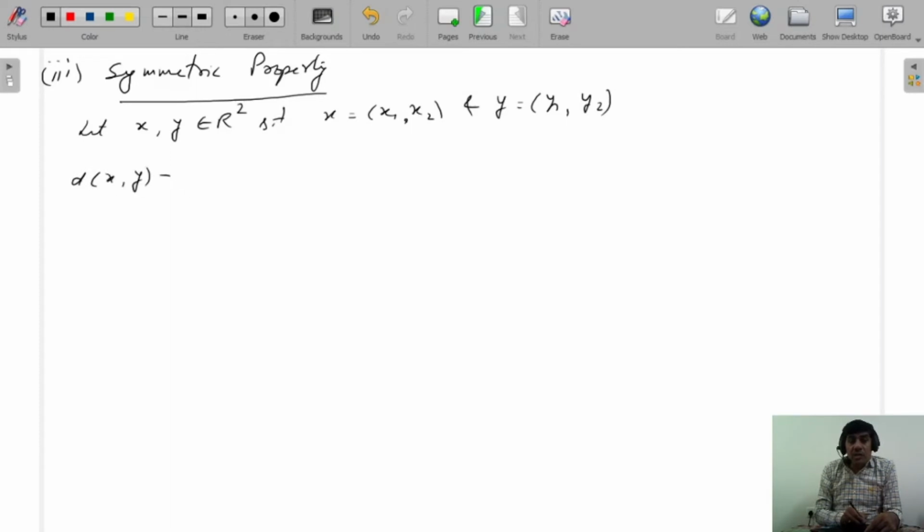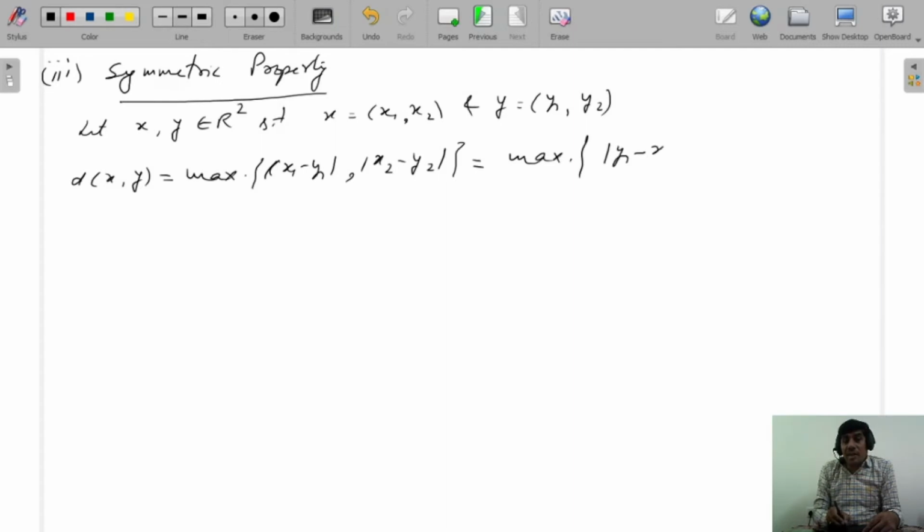D(x, y) is equal to the maximum of modulus of x1 minus y1, modulus of x2 minus y2, which is equal to the maximum of modulus of y1 minus x1, modulus of y2 minus x2, which is equal to D(y, x).